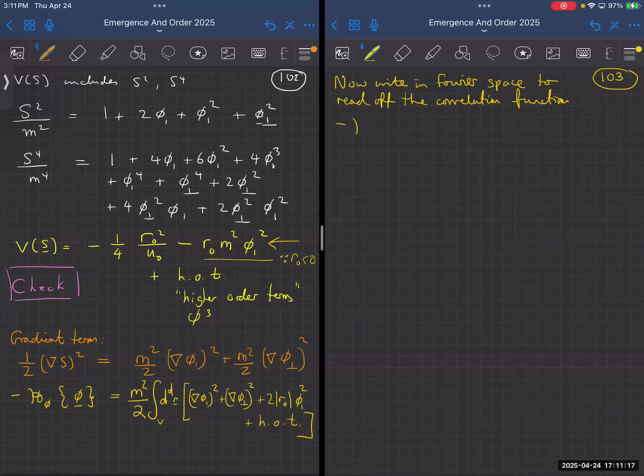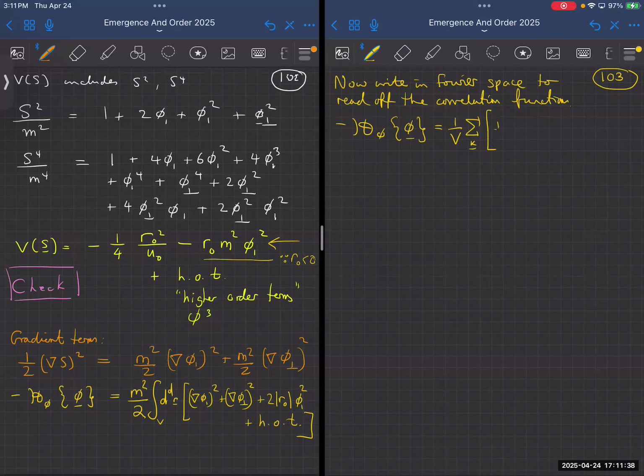So I'm going to write the Hamiltonian, I'm writing down the minus h. Now we're going to take the Fourier transform of this. Everything's quadratic, so it is easy to do the Fourier transform. Let's just write it out using Parseval's theorem. It looks like this: 1 over v sum over k.